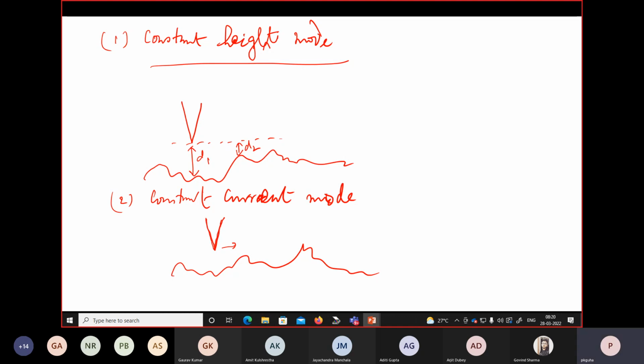So the people who made STM later on managed to develop another technique which is known as AFM, that is atomic force microscopy or atomic force microscope. Okay, so here a more fundamental detection mechanism was used.